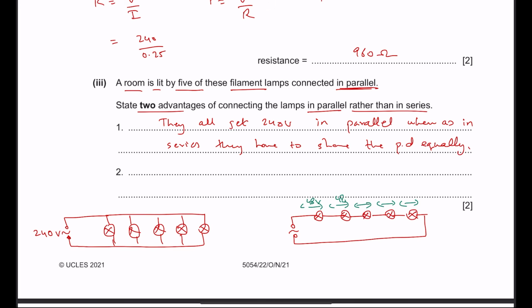In the parallel circuit, you know that the resistance of the overall circuit, the parallel combination, would be much less. In fact, the resistance of these 5 lamps in parallel would be 960 over 5, that means that the overall resistance of these 5 lamps in parallel would be 192 ohms.